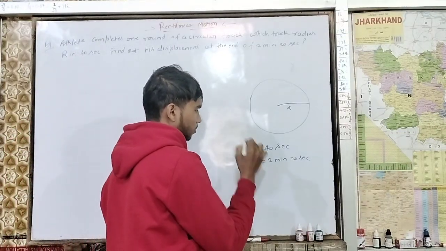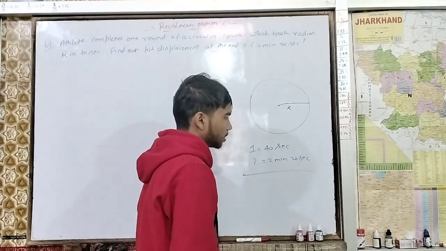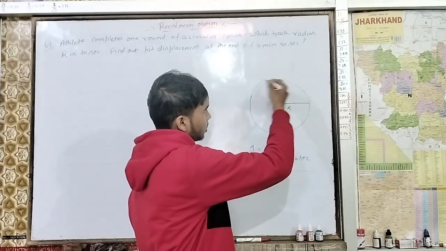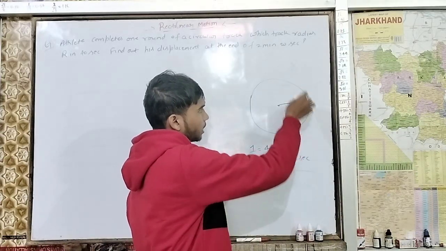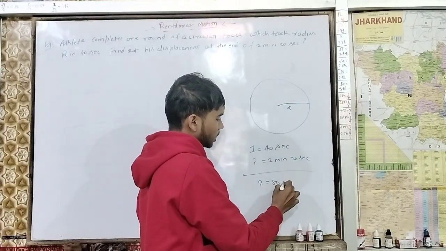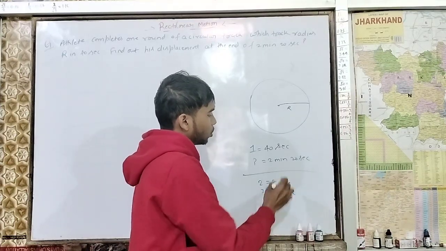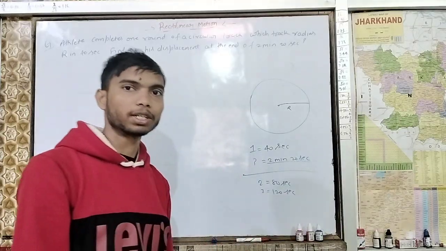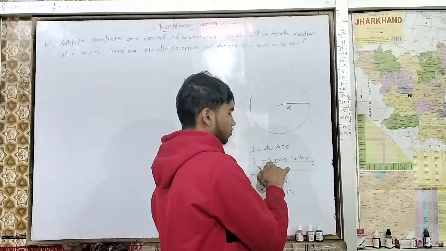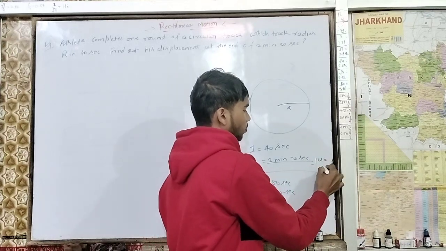Simple: 40 seconds is one round, then again 40 makes 80 seconds, then 120 seconds, then 140 seconds. So we just convert 2 minutes 20 seconds into seconds: 60, 120, 140 seconds.